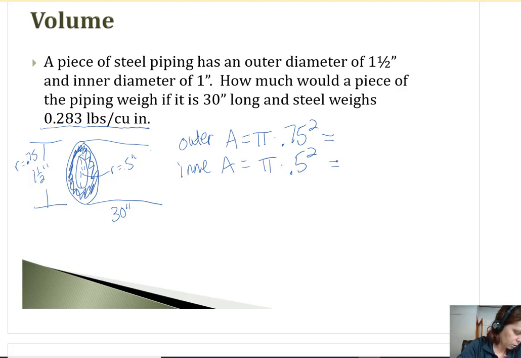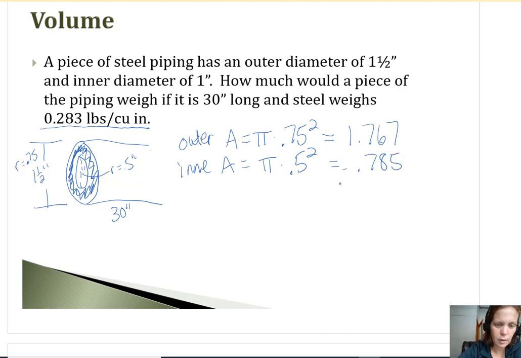So pi times 0.75 squared is 1.767. Pi times 0.5 squared, 0.785.